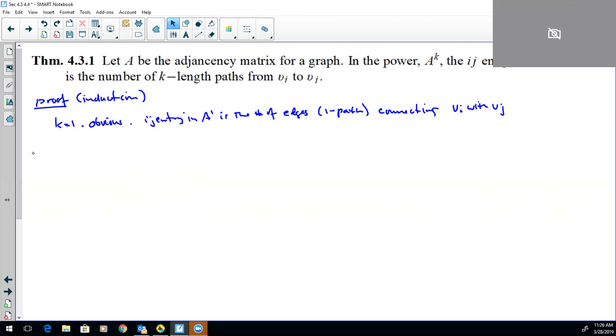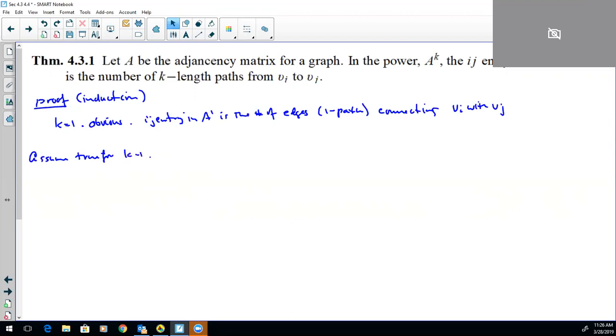Now, in the inductive step, we assume that this is true for the case k minus 1.